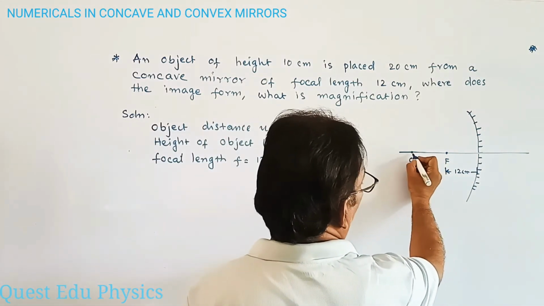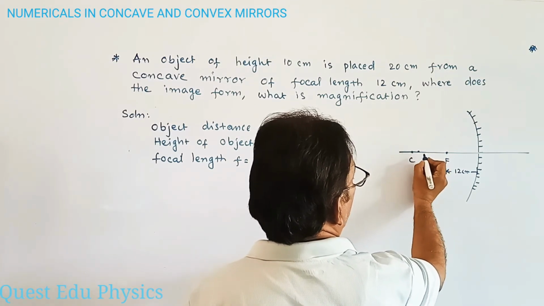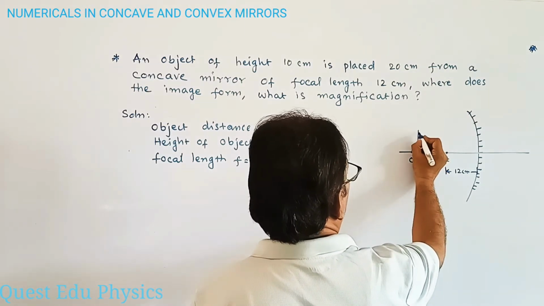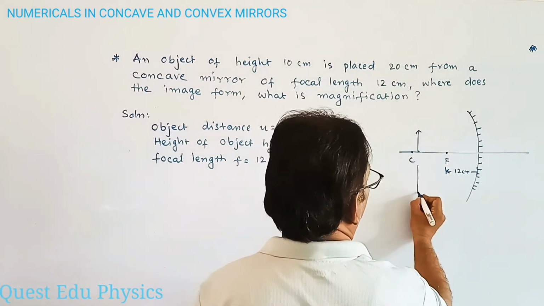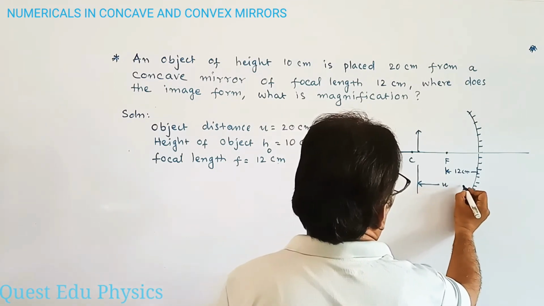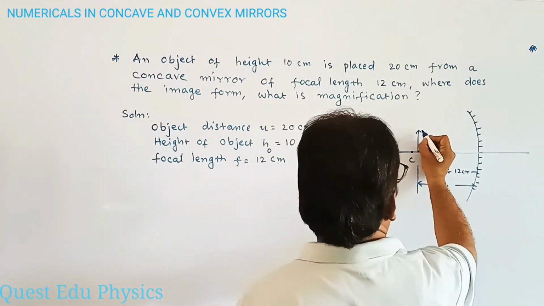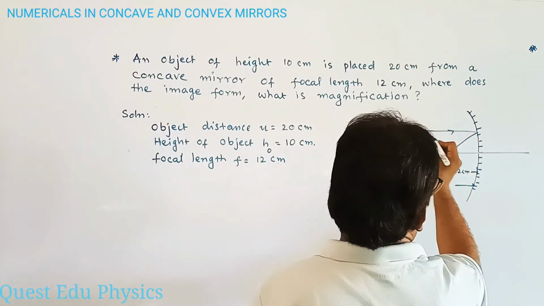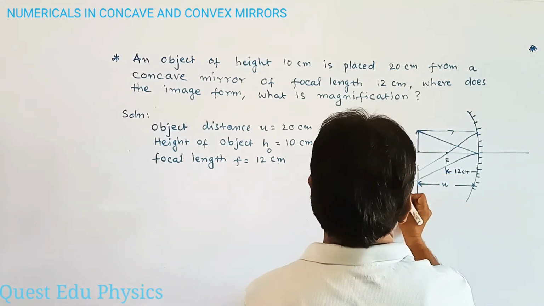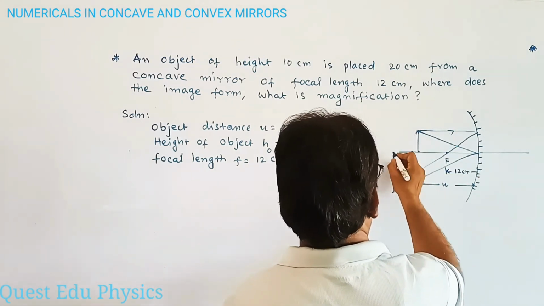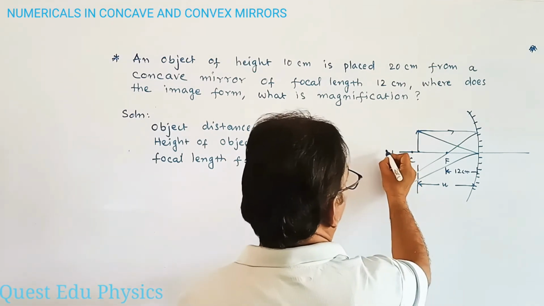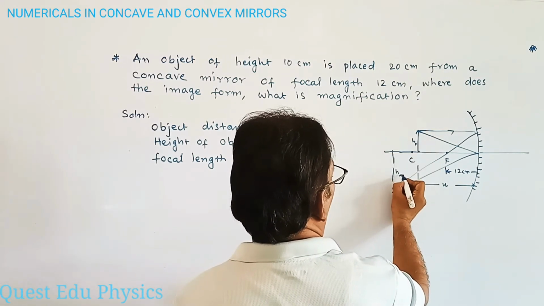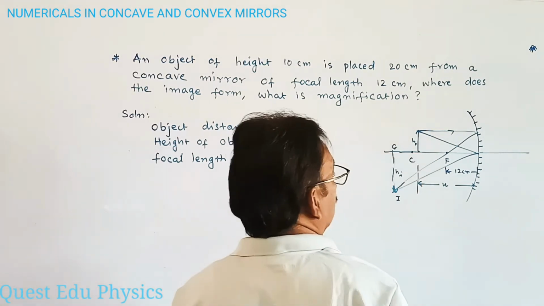That means the object is somewhat in front of the center of curvature. Let's say this is the object kept at a distance of u. You know how to draw the image. Roughly we are drawing: one ray passing through the focus, and one like this. The two will meet at a particular point, and we'll get the image here. Students, this is the height of the object and this is the height of the image. It is an inverted image.